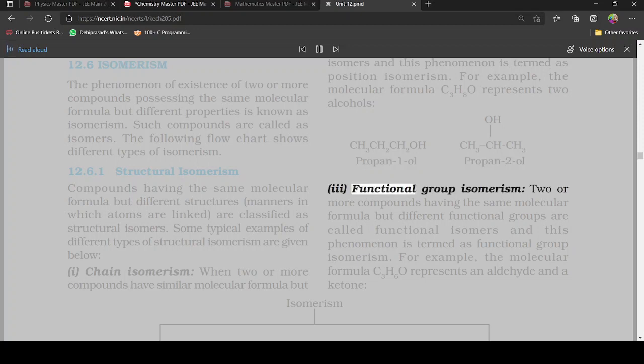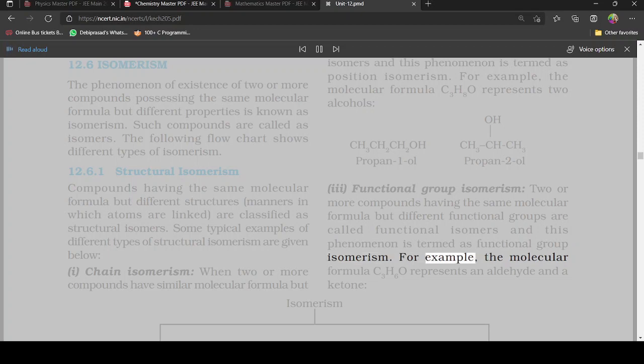3. Functional group isomerism: 2 or more compounds having the same molecular formula but different functional groups are called functional isomers, and this phenomenon is termed functional group isomerism.